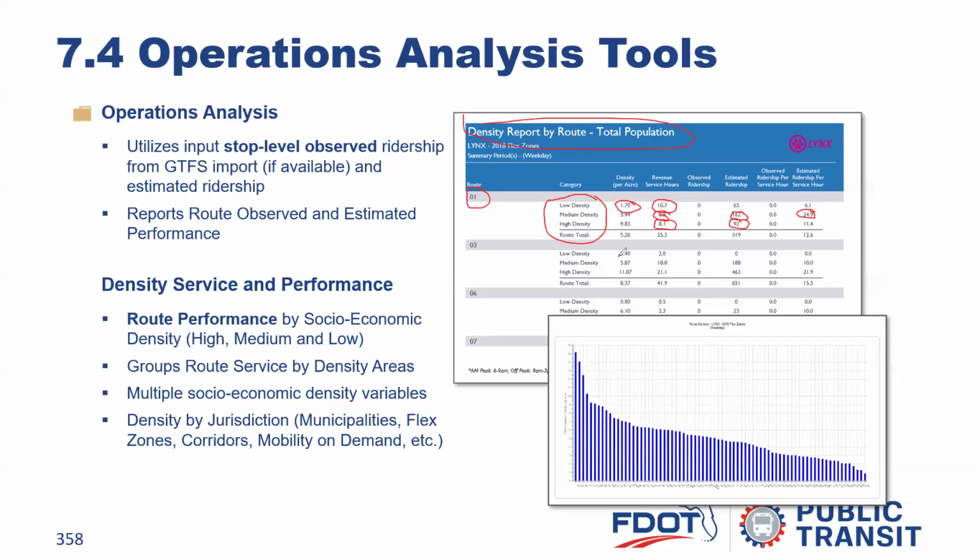And then tracking it and trying to show you what kind of performance you have on your route in the density areas that it traverses. So it's a whole different way of looking at your service and then categorizing it by density, by different variables, and then showing your performance both observed and estimated in those areas.